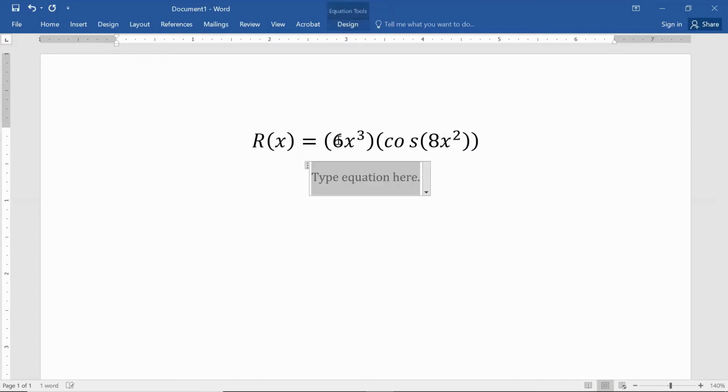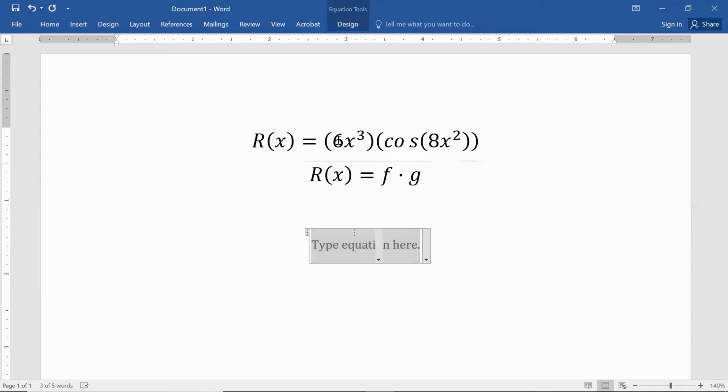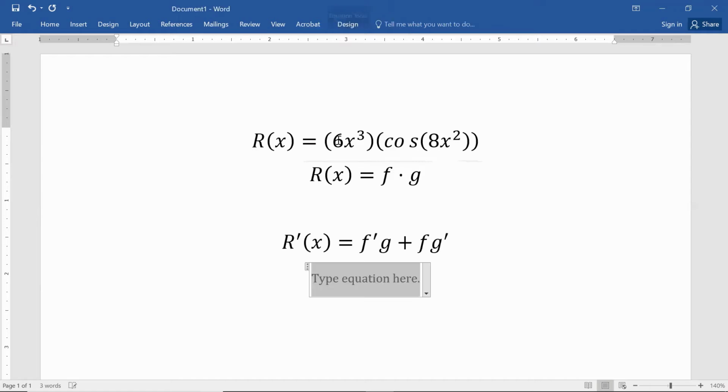Now, if we write this as f times g, the product rule says to take the derivative of f times normal g plus normal f times the derivative of g. In our case, we can do that.